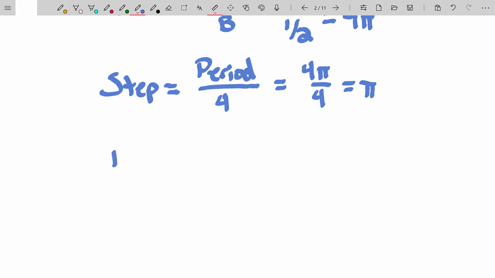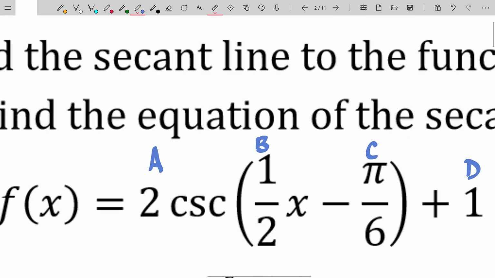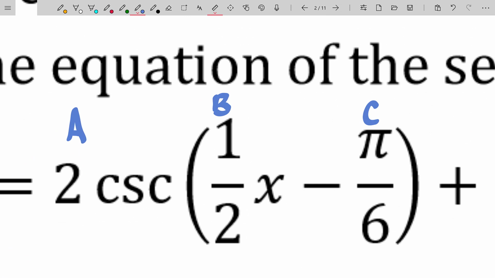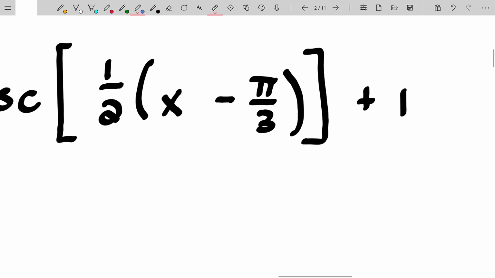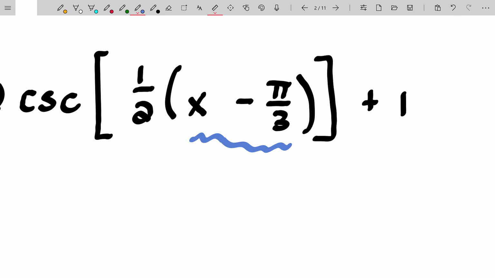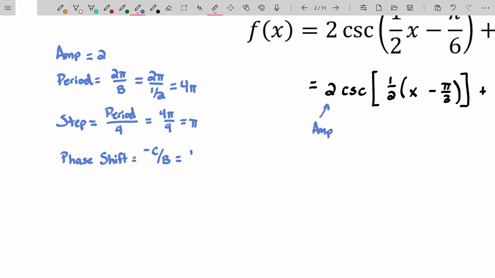I'll say phase shift, and this is negative c over b. If you look at the original problem, the opposite of c is pi over 6. Divide that by 1/2, and it's 2 pi over 6, or in other words, pi over 3. If you take a look at our factored form, you will see that pi over 3 is exactly what would turn that argument into 0. So that is another way you could have done it, but it is pi over 3.